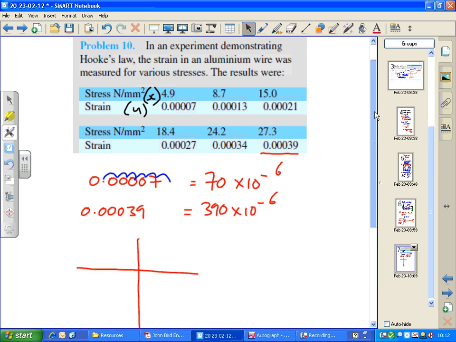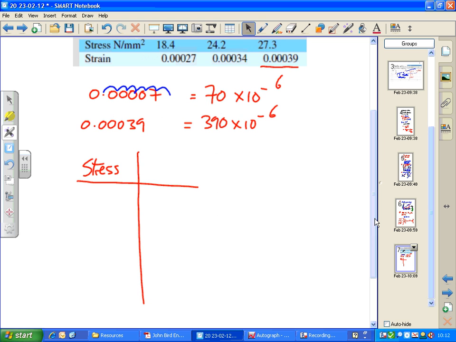I'd put my x, which is my stress, down. So 4.9, 8.7, and so on. So I'd suggest you do that. But my strain axis, I'm going to write my strain times 10 to the minus 6. And if I put that in there, that means all my following results are times 10 to the minus 6.